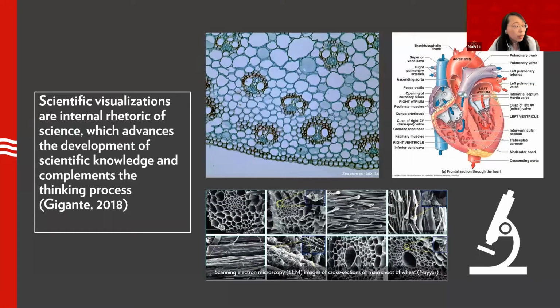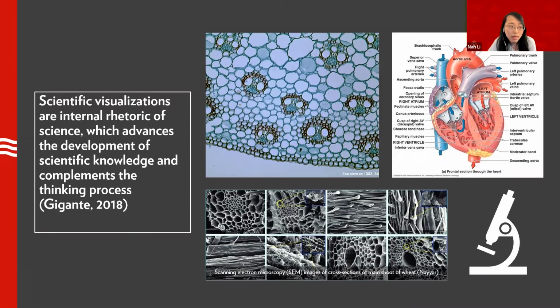Thinking about scientific visualizations that you see frequently in science journals or other publications, a lot of people think that they are complementary or secondary to the scientific discourse. Because when we talk about science, we always use words, text, computations, equations, super complex stuff like that.